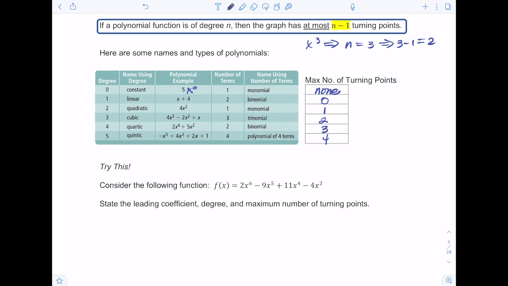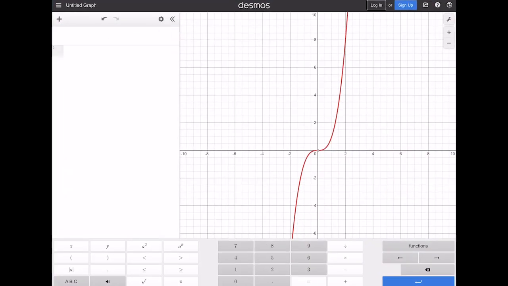Okay, so let's take this polynomial here and let's figure out the leading coefficient, the degree, and the maximum number of turning points. So I'm just going to plug it into Desmos.